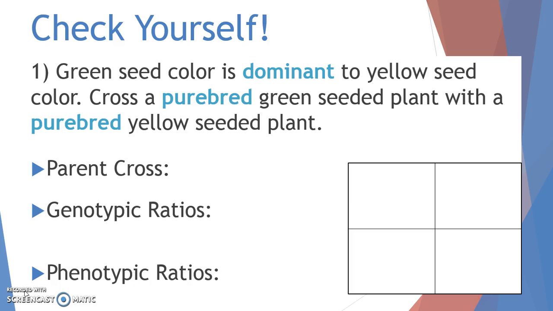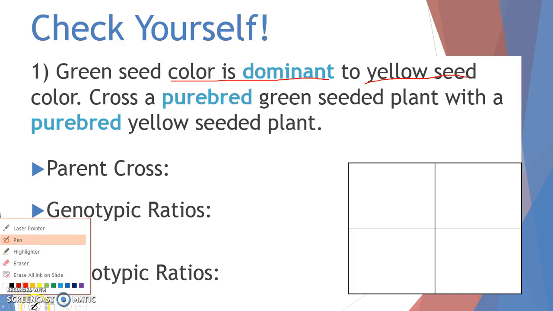Let's check ourselves. So, the problem here states that green seed color is dominant to yellow seed color. So, remember our steps. Step number 1 is to identify our traits and assign our alleles.